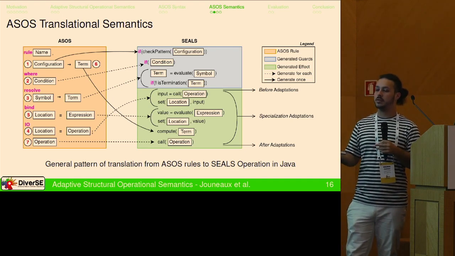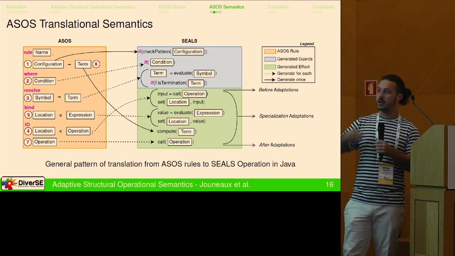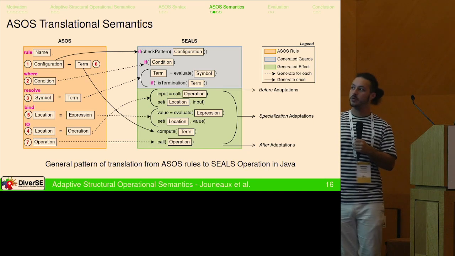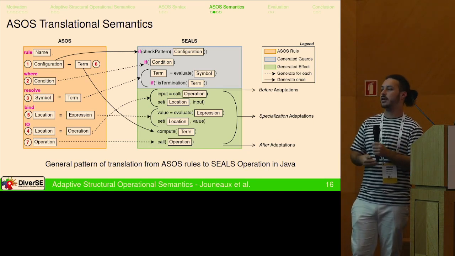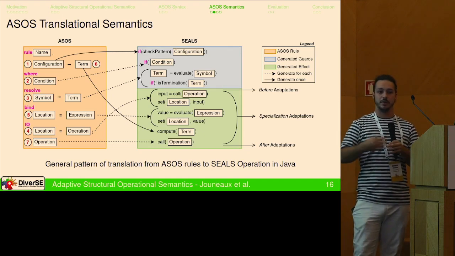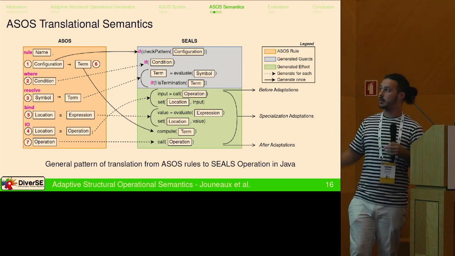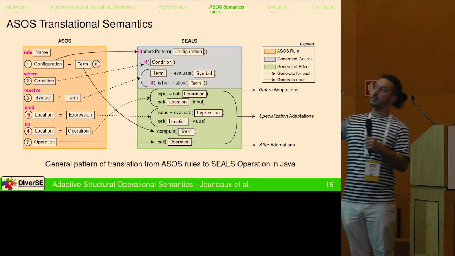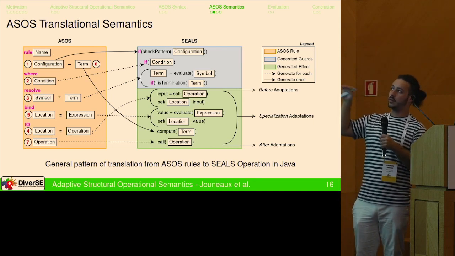For example, you can just update the current node, or you can return a value. Same here, if you want more detail on how we exactly proceed, you can take a look at the paper. And finally, we manage some of the outputs, for example a print statement. And inside this generated effect, you have the entry point for the different code for the adaptations.